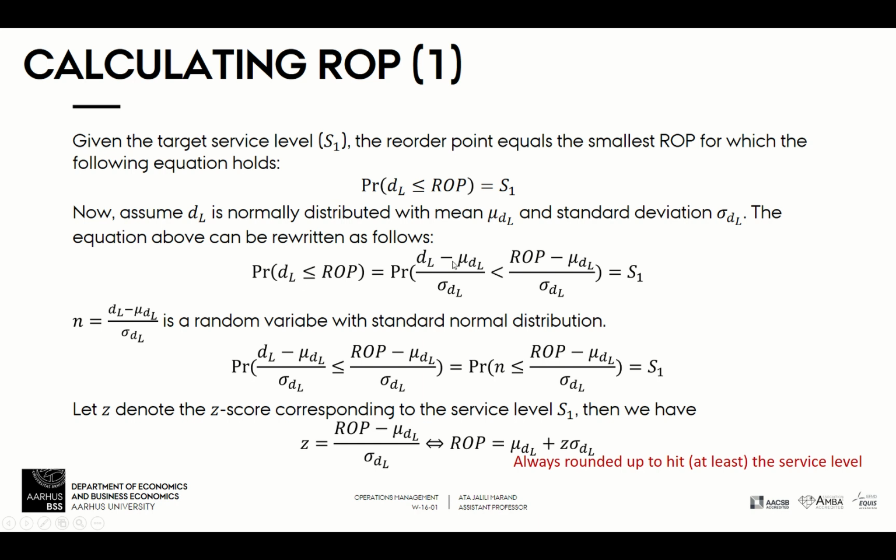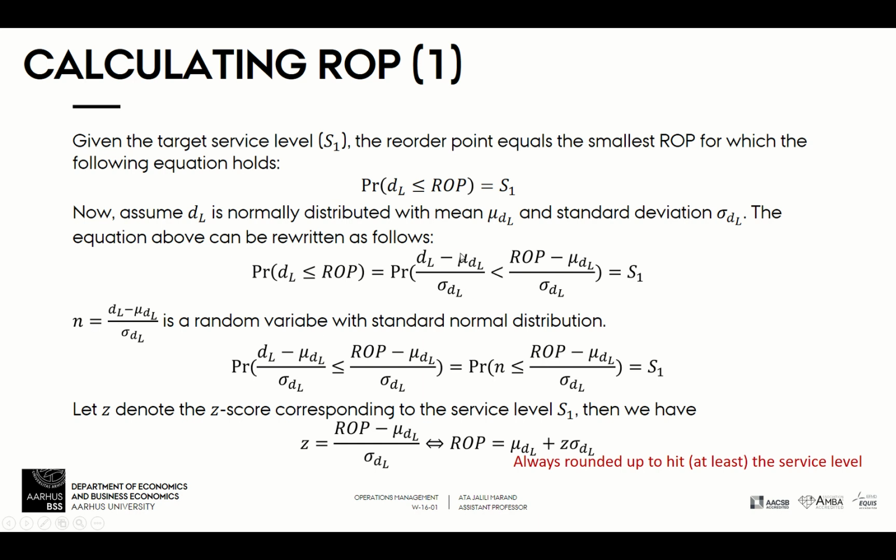So we will subtract the mu DL from both sides and then divide both sides by sigma DL, right? So we'll get this probability. And this probability here, of course, should be less than or equal to, so you need to add this equality here.